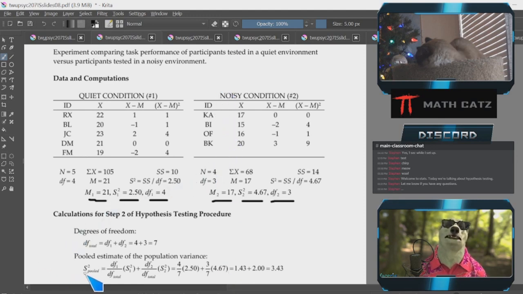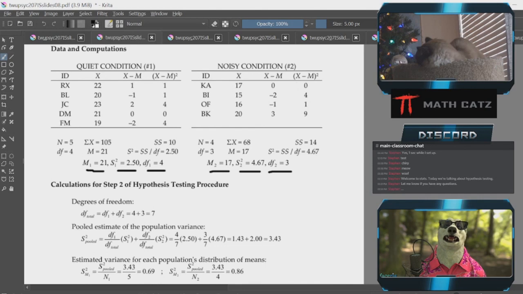So that'll be our pooled variance, which is our estimate for the population variance. Then everything is done separately for the groups until the very end, when we get the comparison distribution.